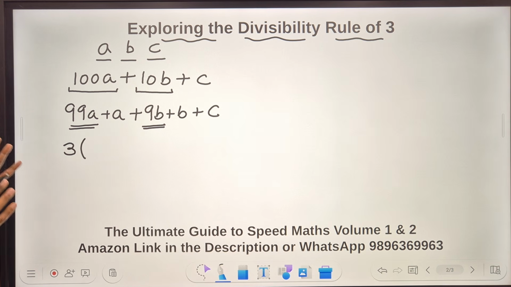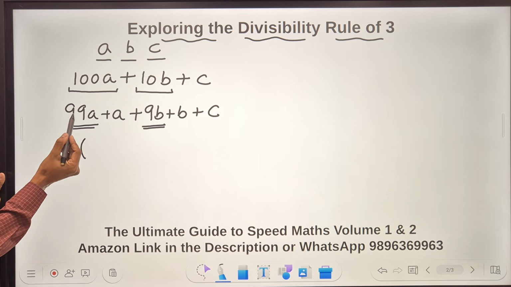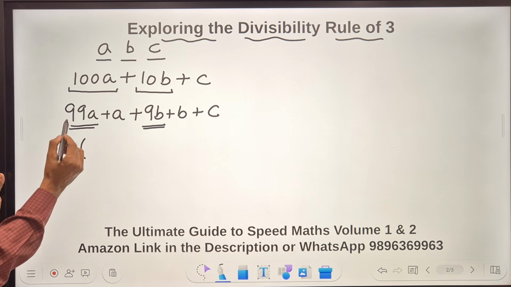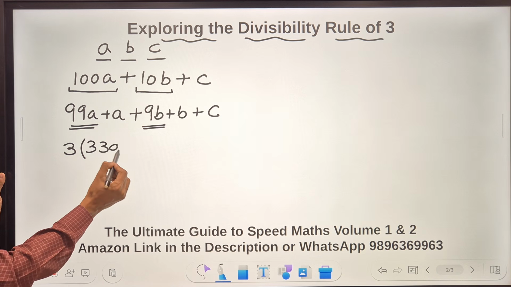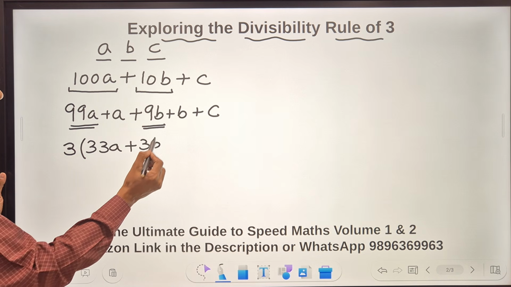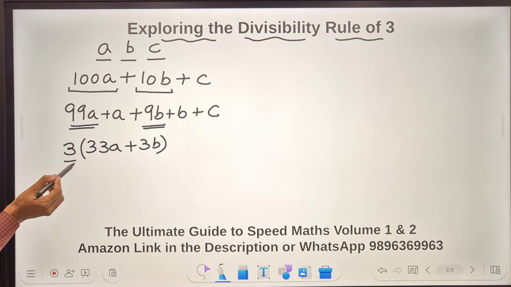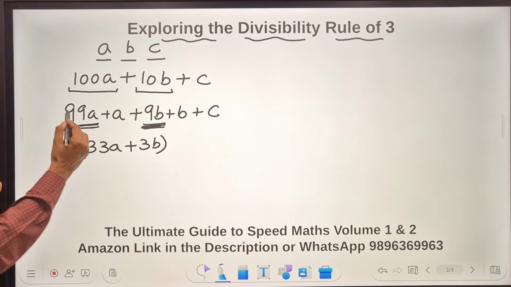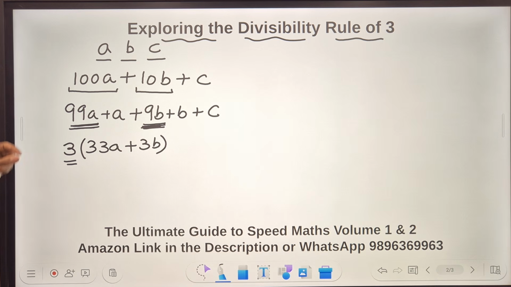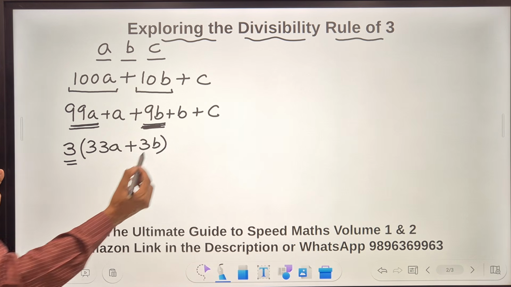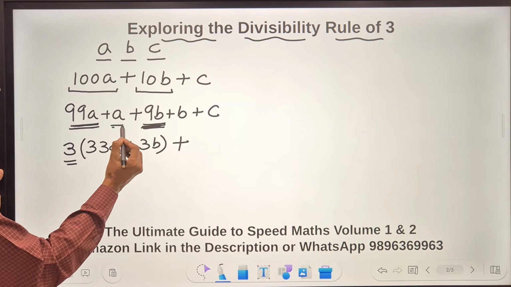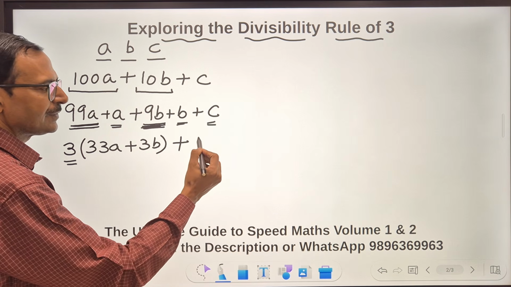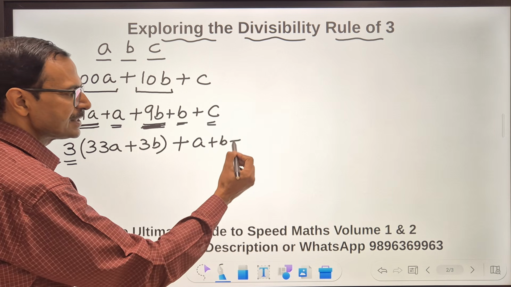I'm not taking the highest common factor. I'm just extracting a 3 out of these two terms. So this becomes 33A and this becomes 3B, right? And if 3 is a common factor, that means the sum of these two terms is divisible by 3. Now what else is left? Plus A, B, C. A plus B plus C.